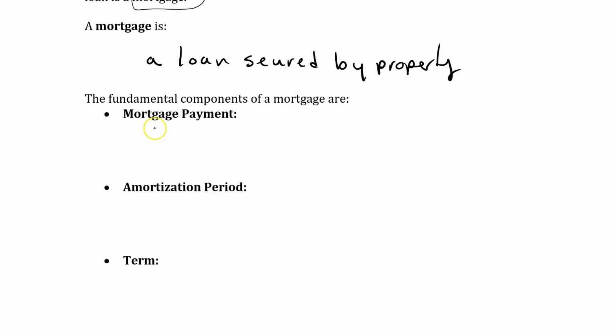Now a mortgage payment is a regular installment made up of principal and interest.